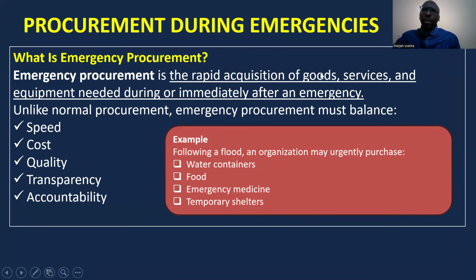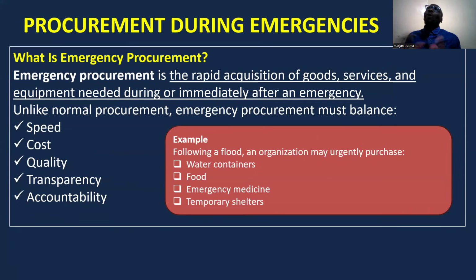Now, another important thing is procurement during emergencies. When you're talking about procurement, we are talking about buying, purchasing, or acquiring. So how does it happen? For example, there is a disaster.